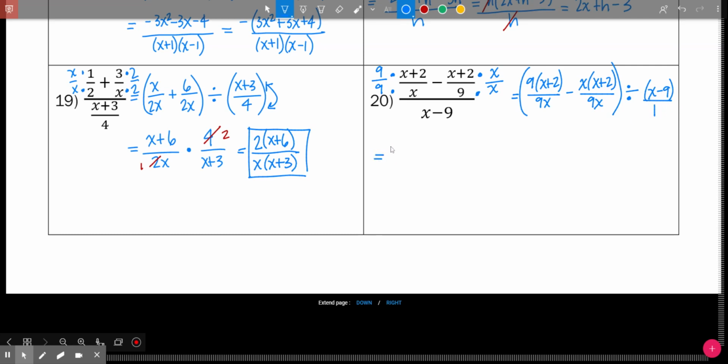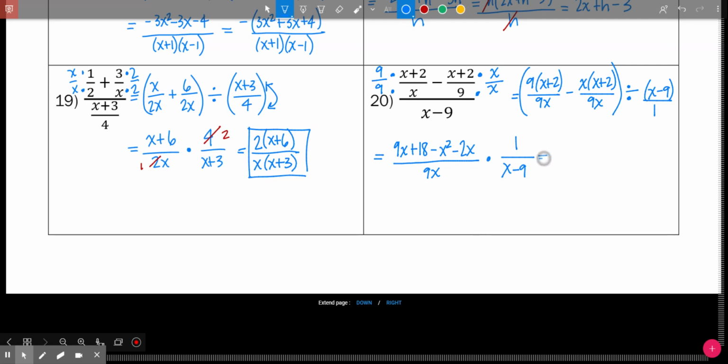So this becomes 9x plus 18 minus x squared minus 2x over 9x times, when I flip and multiply, 1 over x minus 9.